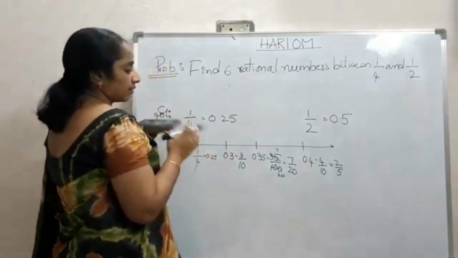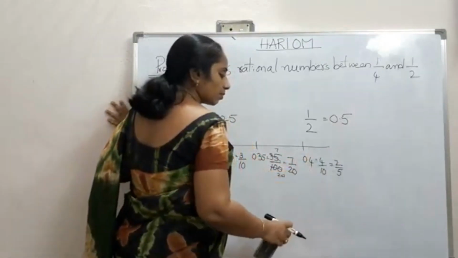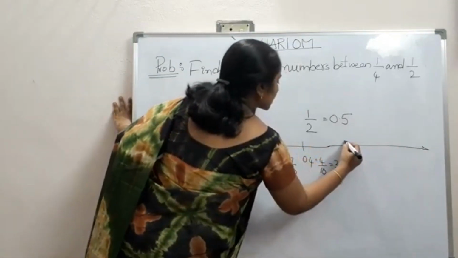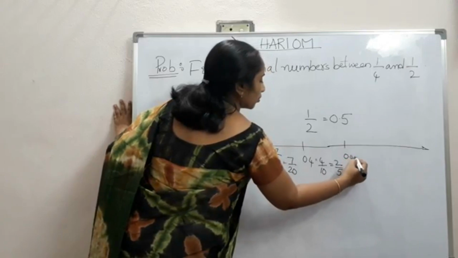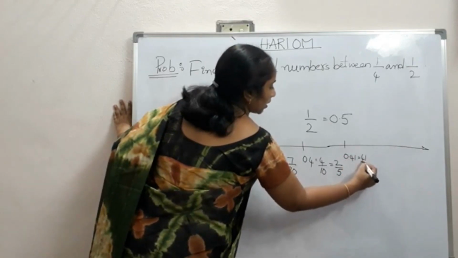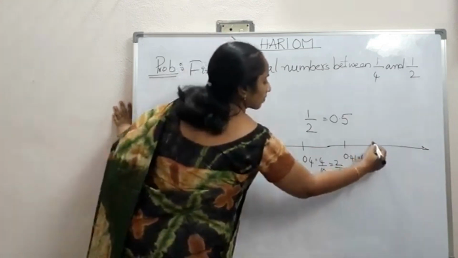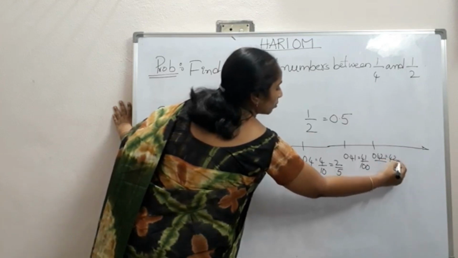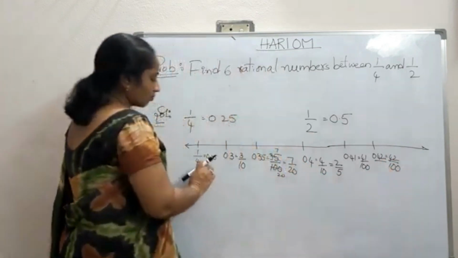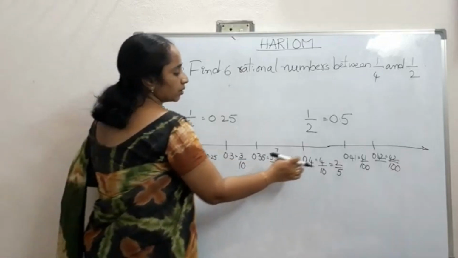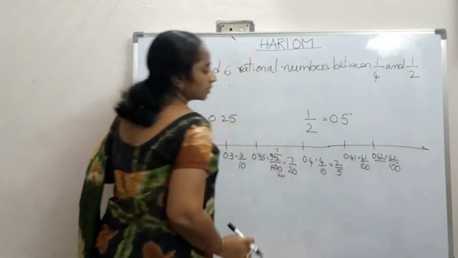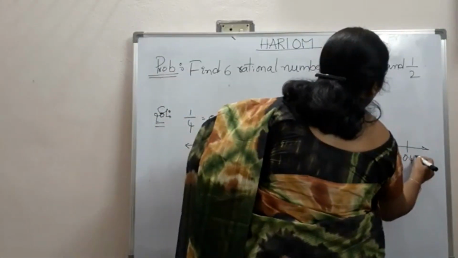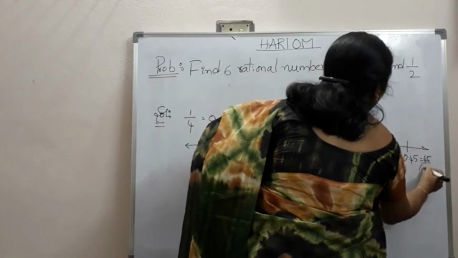Like that we can write, if they ask you to write 6, 10, whatever it may be, we can extend and we can write 0.41, that is 41 by 100. 0.42 is 42 by 100. So 1, 2, 3, 4, 5, and one more, 0.45, which is 45 by 100.